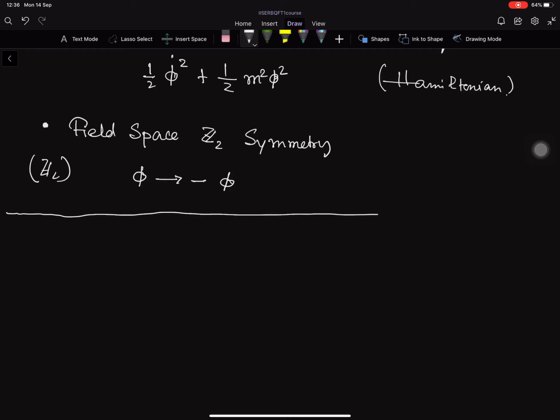Now we will study quantization. As I said earlier, the way we quantize is that we promote Poisson brackets to commutator brackets. In order to compute the Poisson bracket, first we have to compute the canonical momentum.